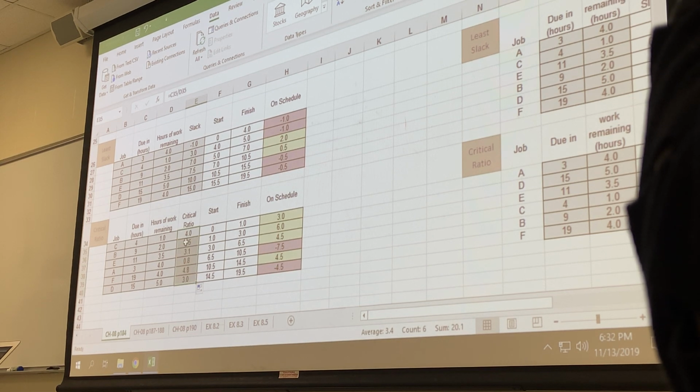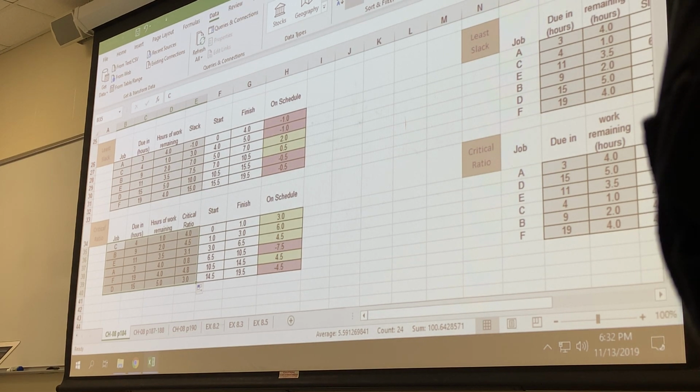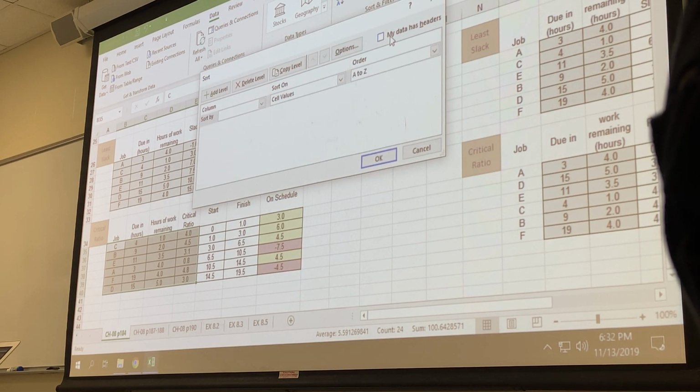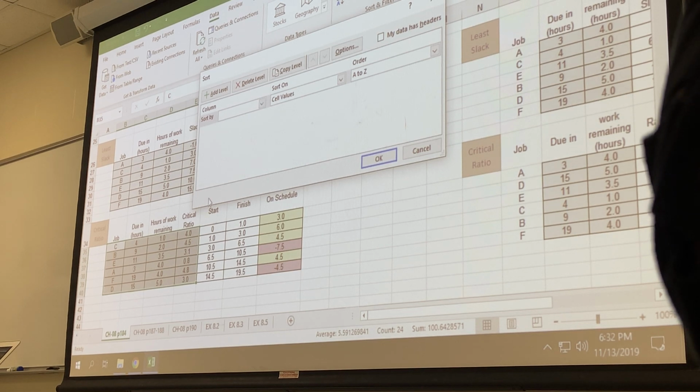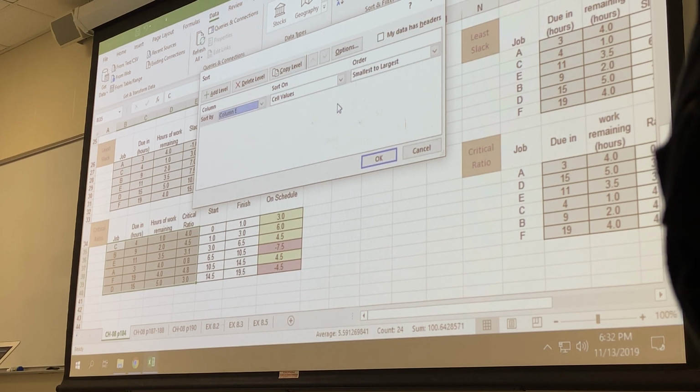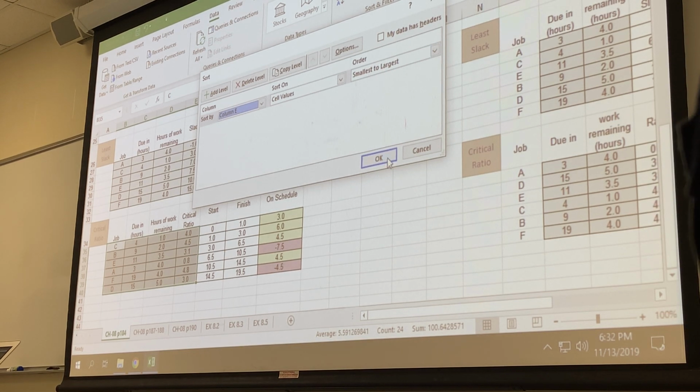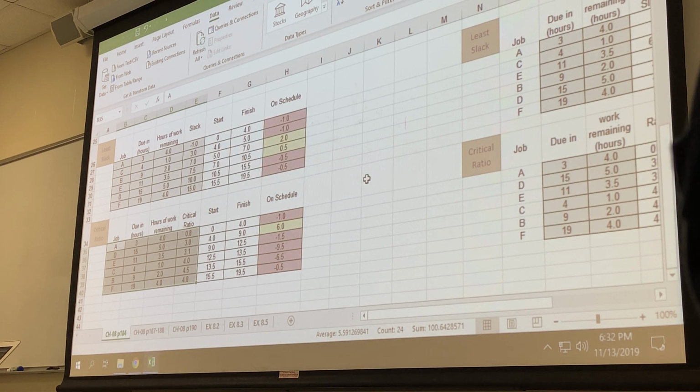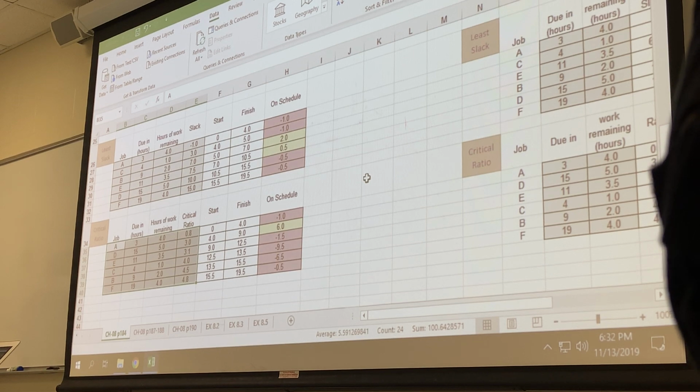And then the critical ratio, and if I sort by that, data sort, and I'm going to sort by column E again. Smallest critical ratio to the largest critical ratio. What was the critical ratio?